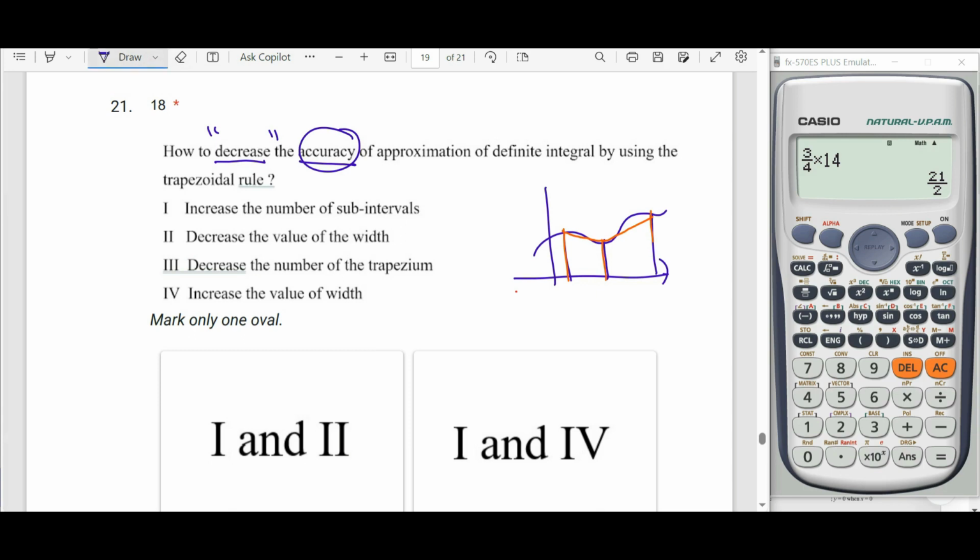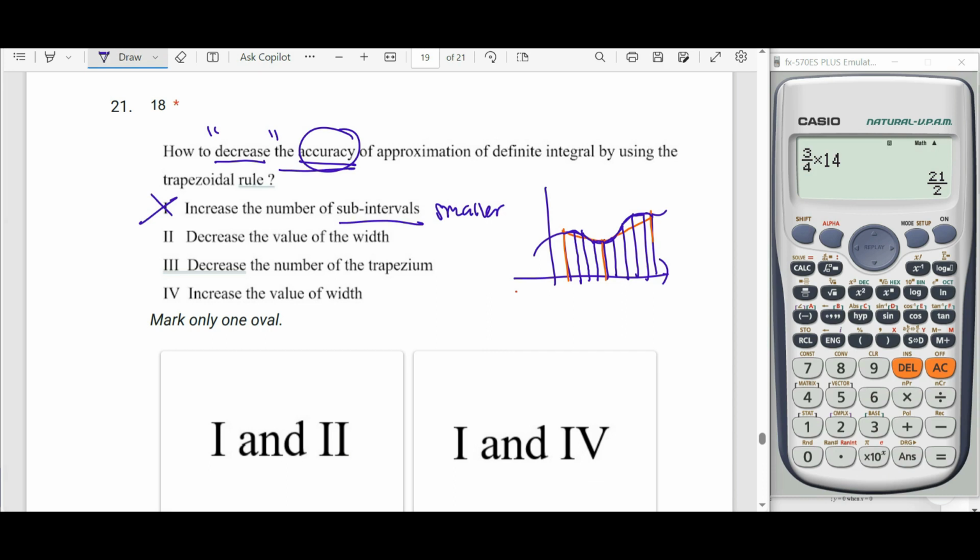If you have smaller trapezia, we can cover the area more accurately. So with more trapezia, we will have less error. So to decrease the accuracy, of course, your subinterval must be larger. Smaller subintervals will increase the accuracy.